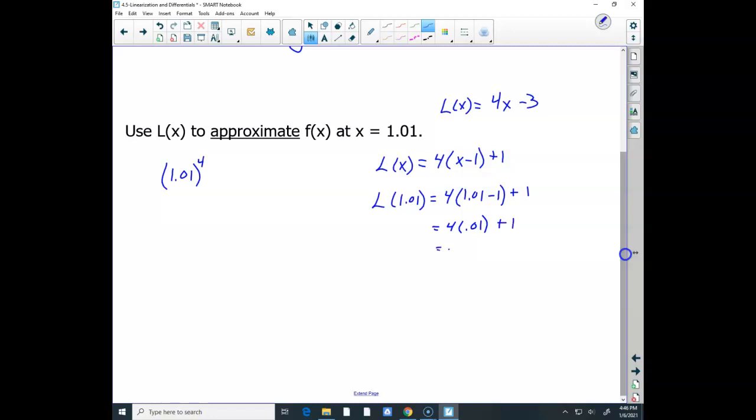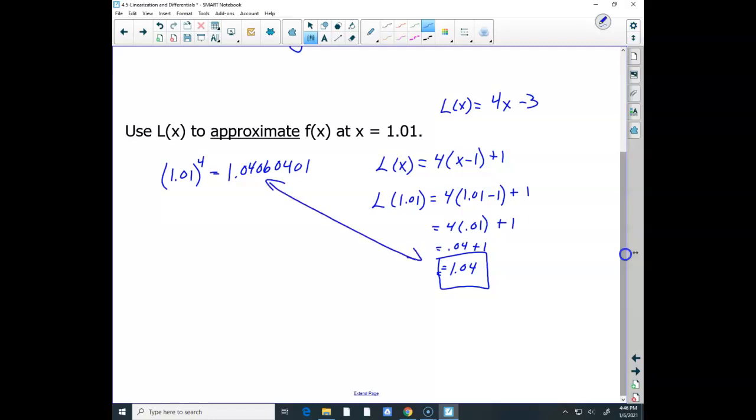Well, that's 0.04 plus 1. 1.04. Is that what we're coming up with? If I approximated it at 1.04? Okay, well, if I actually type it into my calculator, I think this equals 1.04060401.